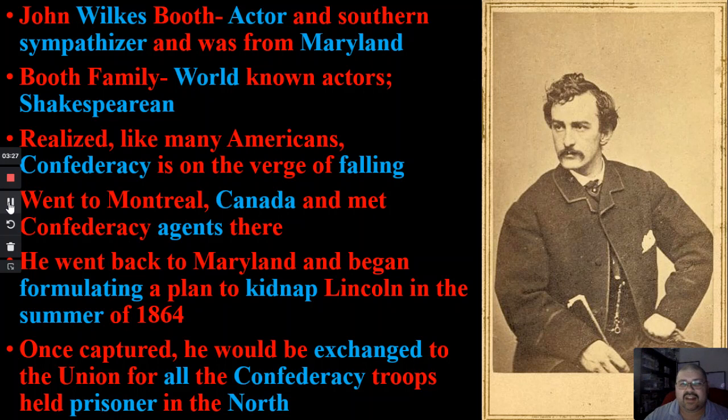Because the thing is, too, he didn't like black people. He saw that slavery was okay, in his point of view. So of course he's going to say, what the Southern people are doing is fine, and how dare these Union people tell them how to live their lives.